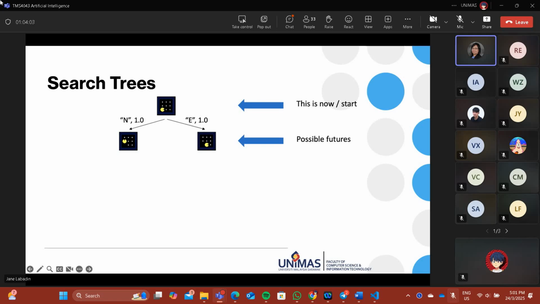For this particular starting position, it only has these two. Then from there, you do branching again. From the one on the far left, you can have it going to the east again, then to the north, and it can also go back down. So it can have three positions, and the same thing, three positions after that.